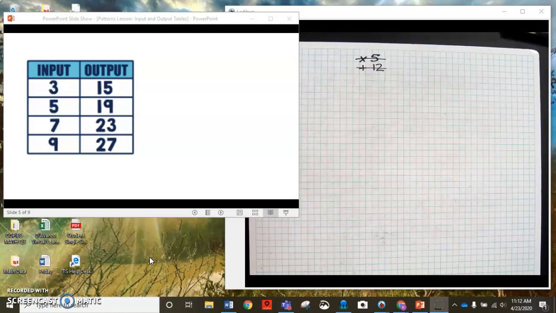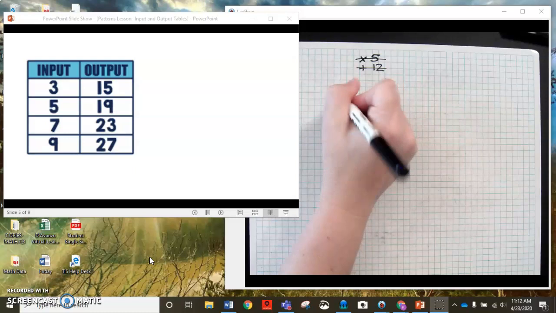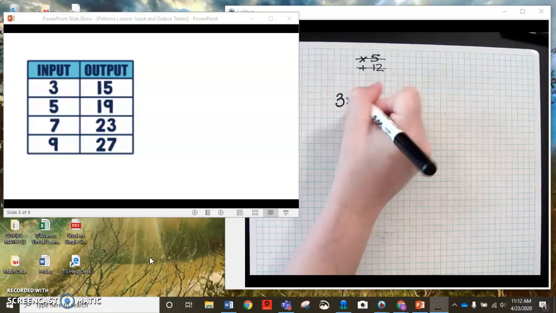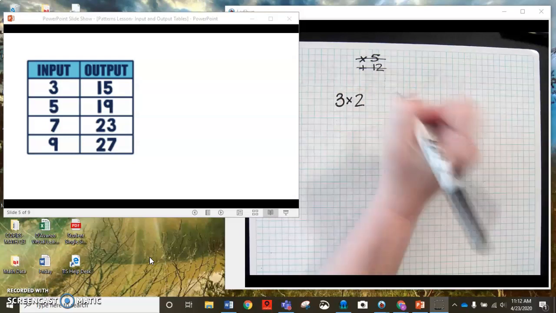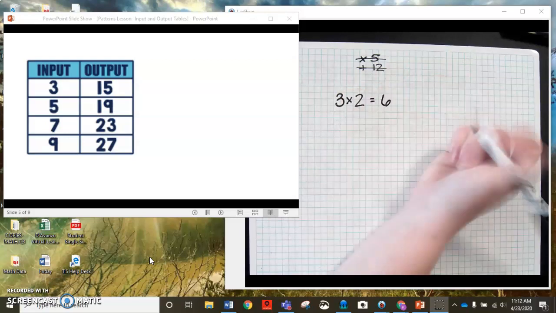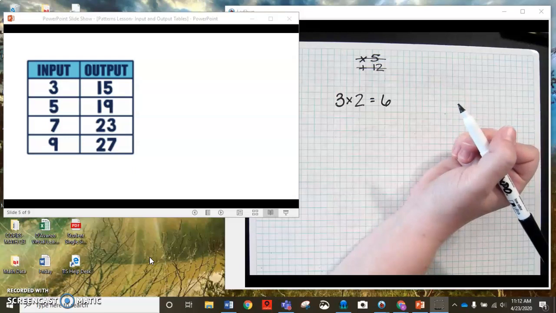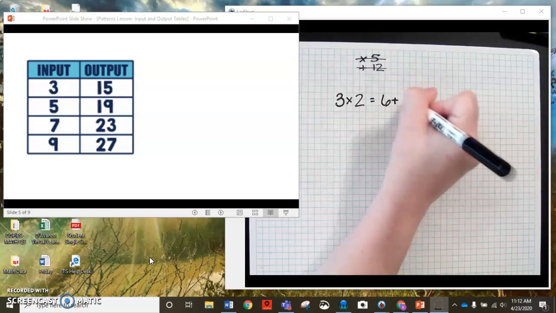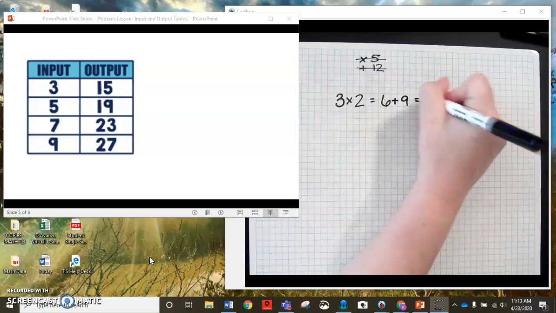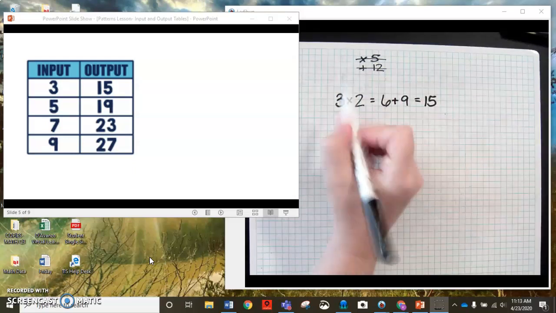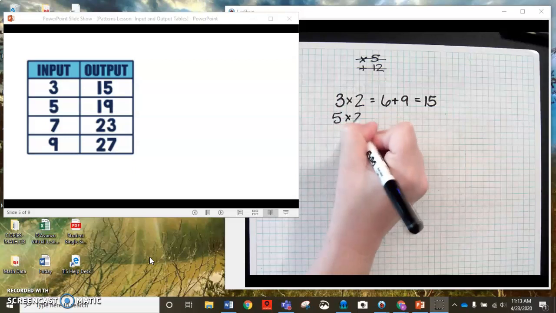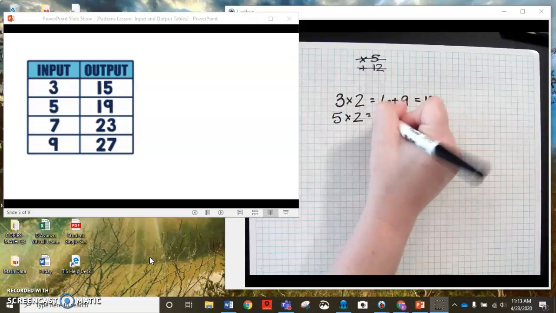So if I take 3 and I times it by 2, then I get 6. And then I need to think, how would I get from 6 to 15? Well, I could add 9 and get there that way. So now let's try that with 5. I'm going to times it by 2 and get 10.